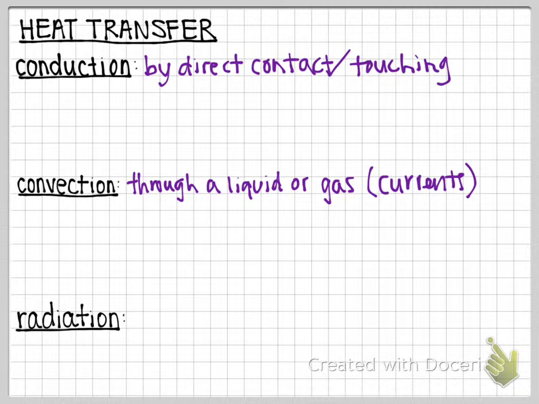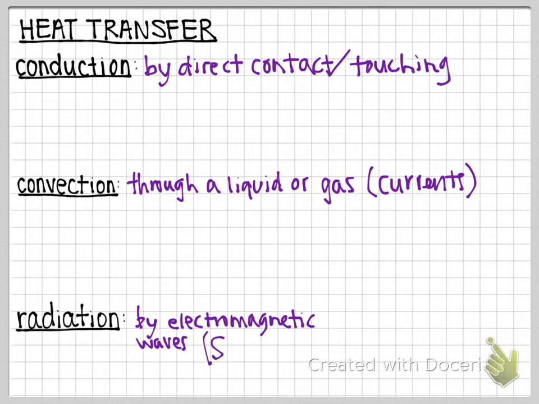And radiation is heat transfer by electromagnetic waves. Most often the example is going to be the sun. So if you get warmed up by the sun, that is heat transfer through radiation.